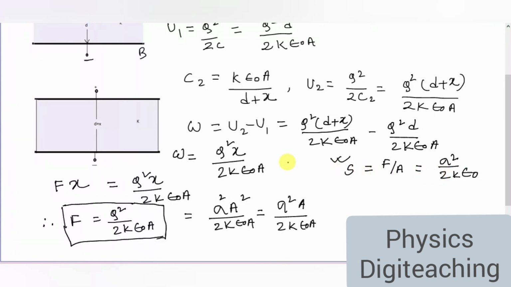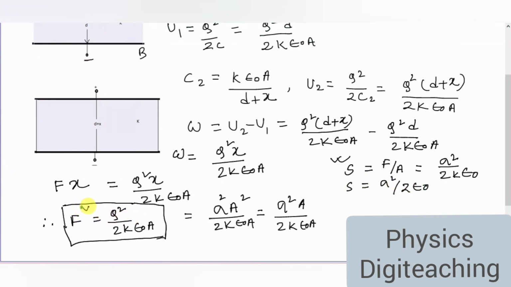If the region is vacuum, then K equals 1, and then we get S equals sigma square by 2 epsilon naught. This is the electrostatic stress for vacuum.